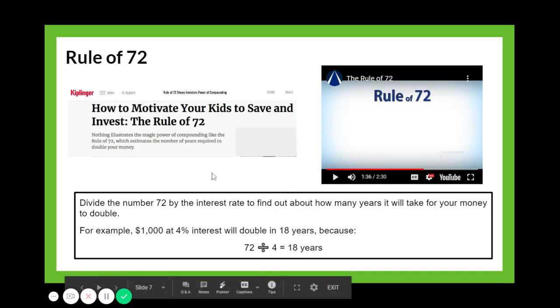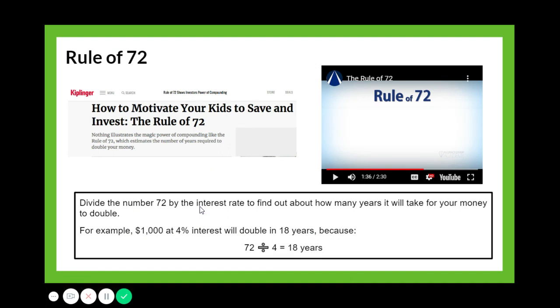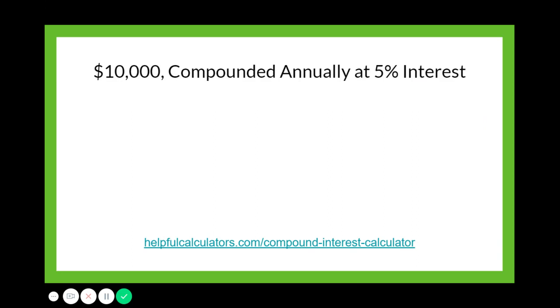Using the rule of 72 in compound interest, all you have to do is divide 72 by the interest rate to find out about how many years it'll take your money to double. The video gave you one example, but let's go back to our other example to see if this works.